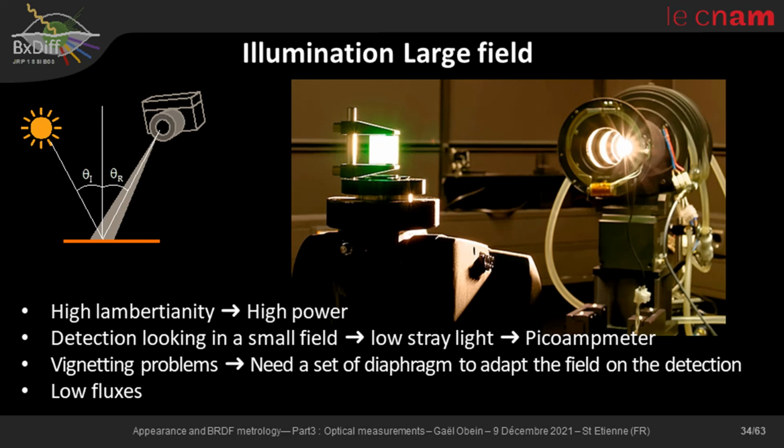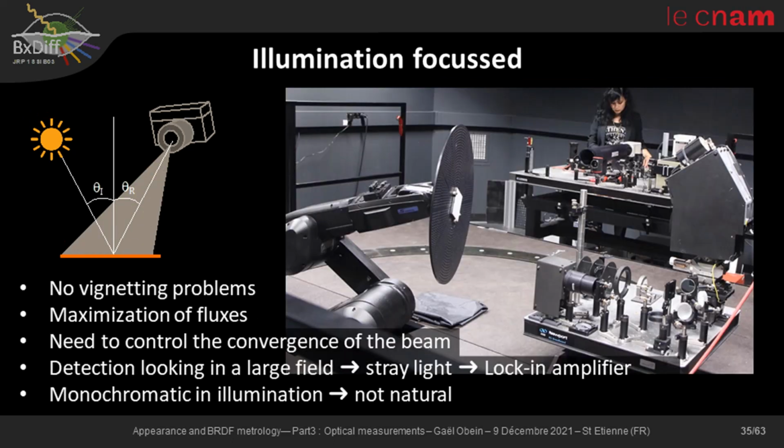Usually people have different sizes of fields that they adapt according to the zenithal angle of detection. And you get low flux because usually you don't have so much power. That one is excellent. That's why I took this device. You have a lot of power here, but usually it's not like this. But in fact, you have low flux always.